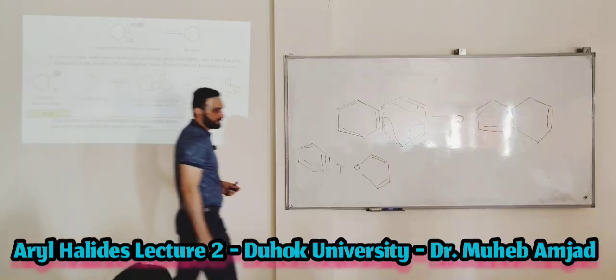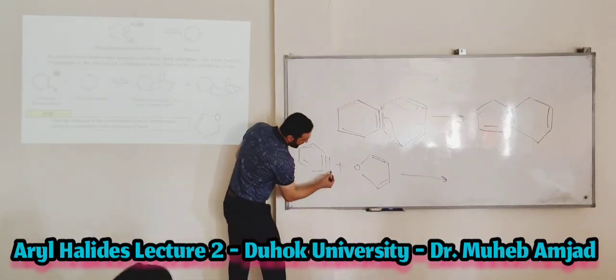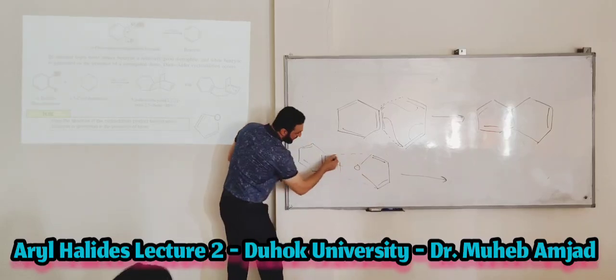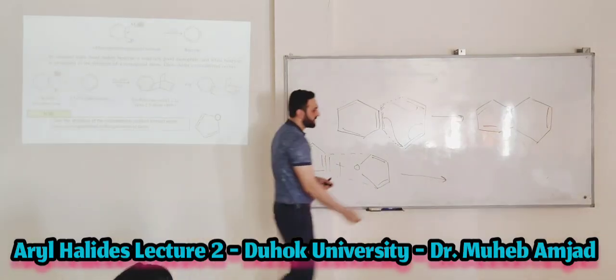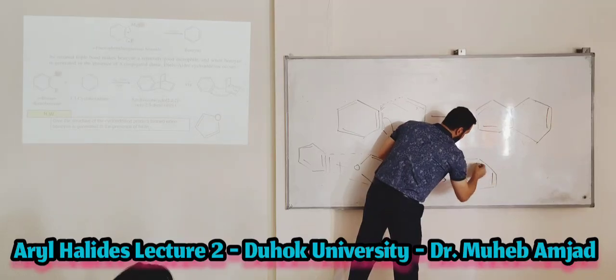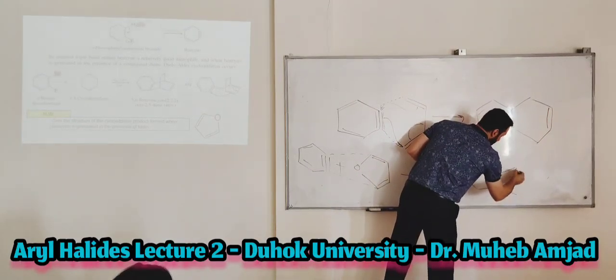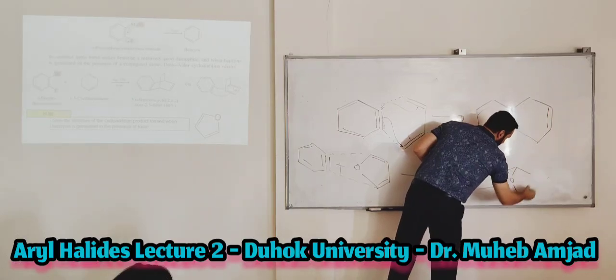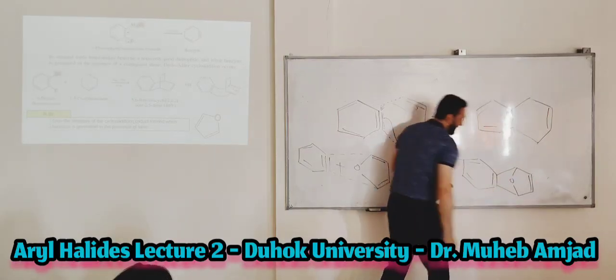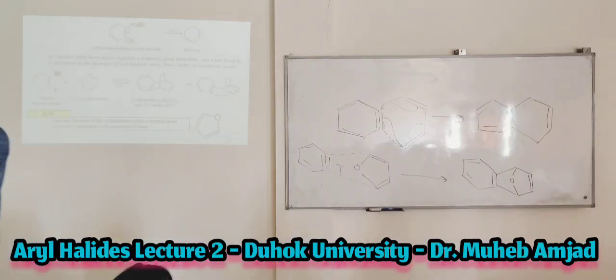So what is the product? Write the product. This is the benzene ring, and this is a new bond, and we have oxygen here. This is the product. Another example.